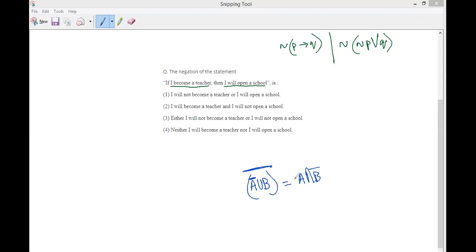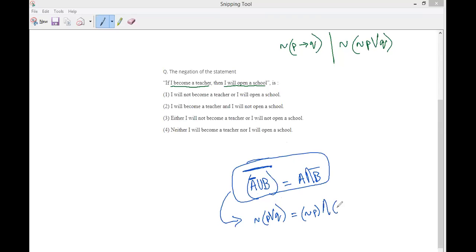So whatever you did in De Morgan's law, as Mayuk is telling, same thing we can do over here also in statements. Statement में कैसे कर सकते हैं देखिए. Suppose you have negation of P or Q. That can be further written as negation P and negation Q. Okay.